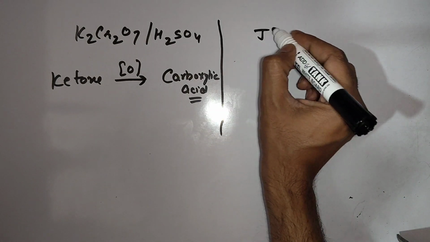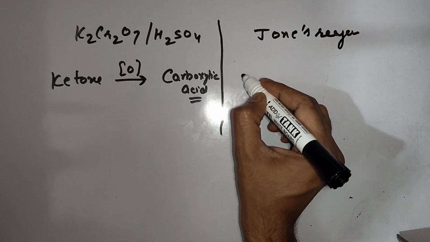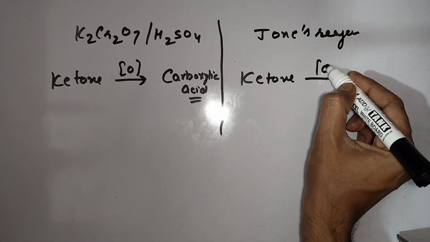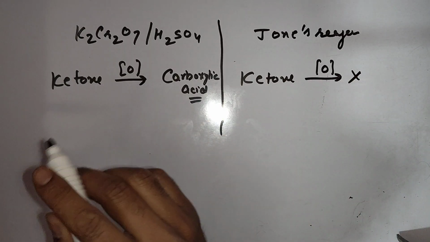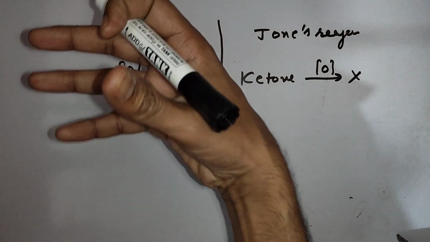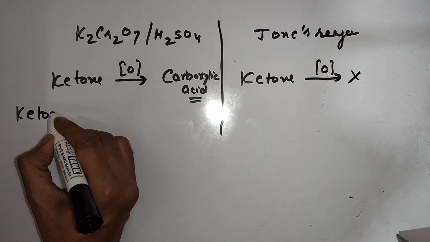But when I am saying Jones reagent, ketone will not oxidize further. To understand it, first we need to understand how ketones oxidize. Mechanism already I have told to you.